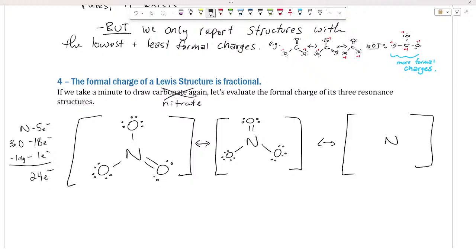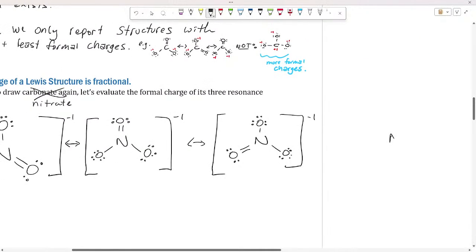Okay. And again, the back and forth arrow tells us that all 3 of these structures coexist. That actually, if you form the nitrate ion, these will all flip between, right? And note what structure I don't include is this one.